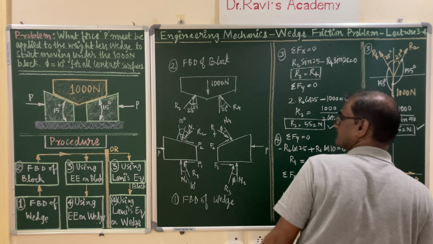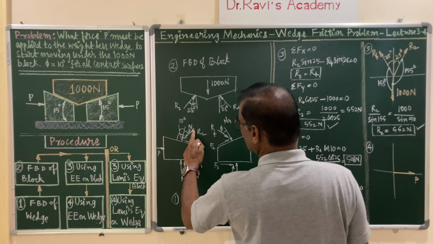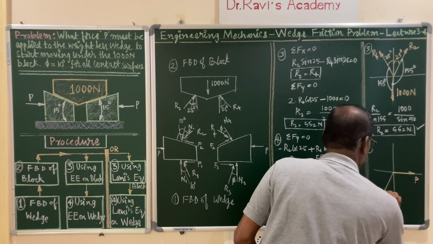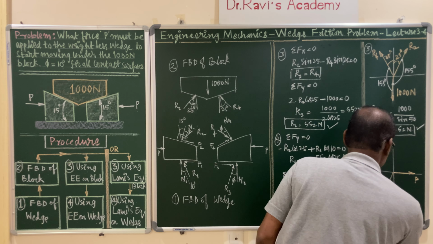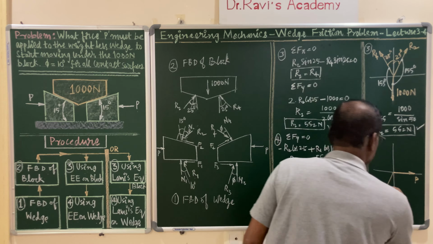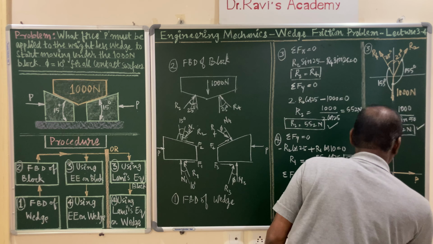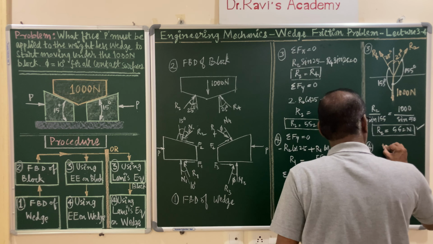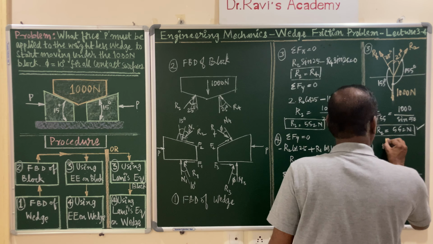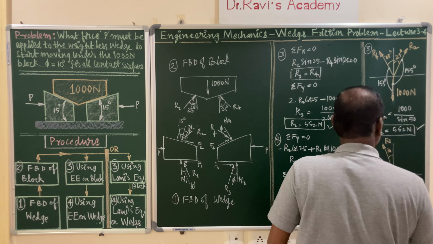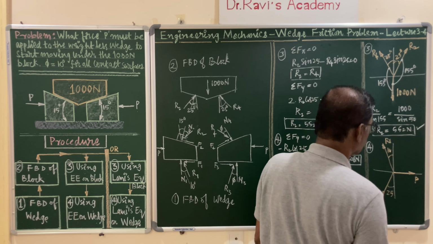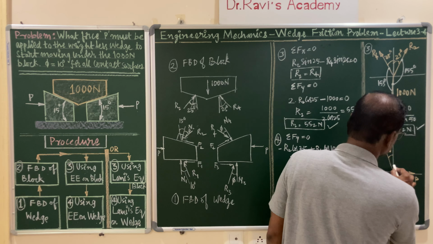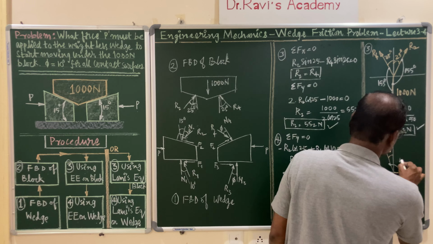R2 is acting downwards at an angle of 25 degrees with the vertical. And R1 is to the left at an angle of 10 degrees. Now you can calculate the angle between the forces. This angle is 10 plus 90, so it is 100 degrees.